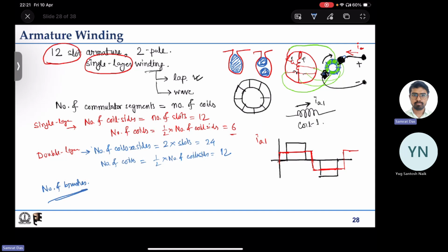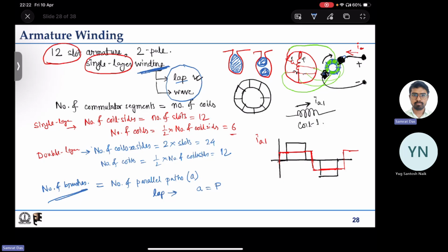That is related to the number of parallel paths in your winding, which depends on whether it is lap winding or wave winding. If it is lap winding, the number of parallel paths, commonly referred to as A, is the same as the number of poles.